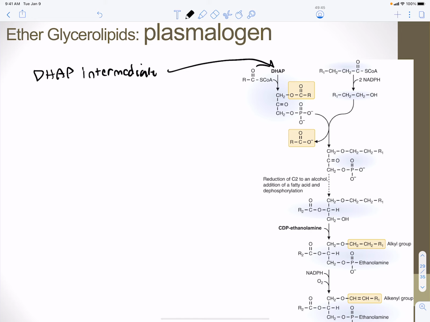Okay, and that's shown here. We have our DHAP. And so a fatty acyl-CoA will react with carbon 1 of your DHAP, and this is going to form an ester. So here is your fatty acyl-CoA, and it's going to form this ester.